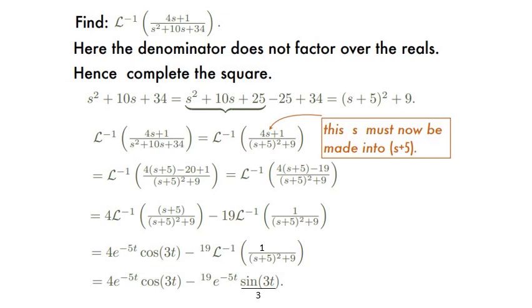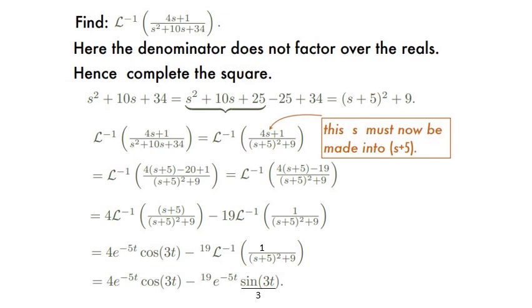Now 4 is a constant, you can remove that. L inverse of s plus 5 by s plus 5 square plus 3 square. Here minus 19 is a constant, you can remove that. L inverse of 1 by s plus 5 square plus 9. Now the first inverse resembles cos 3t. And the term s plus 5, you have to remove with the inverse shifting.